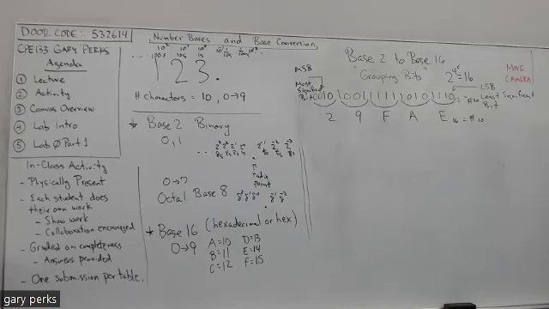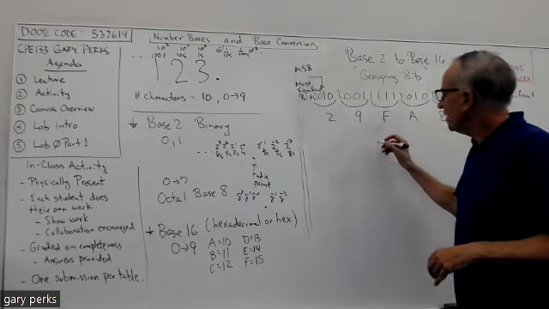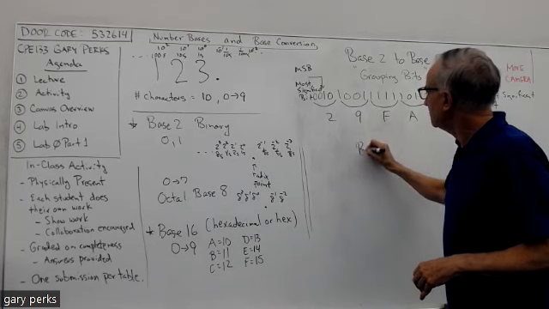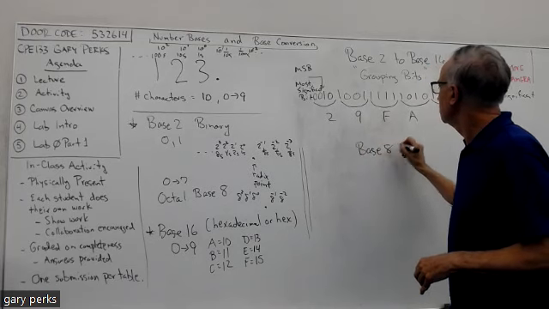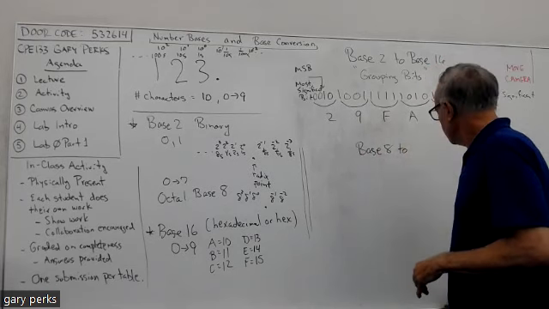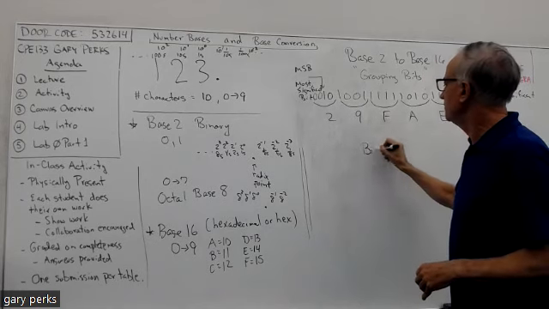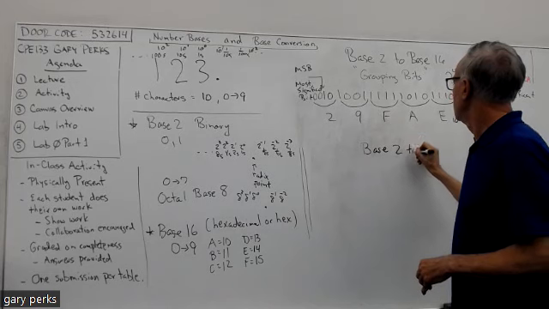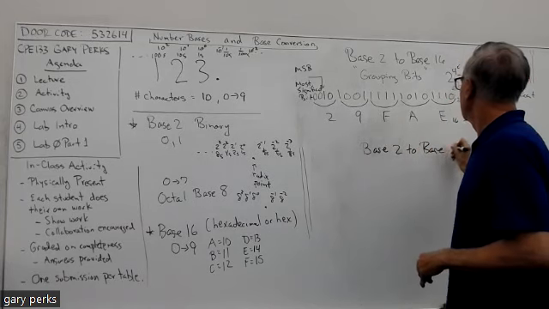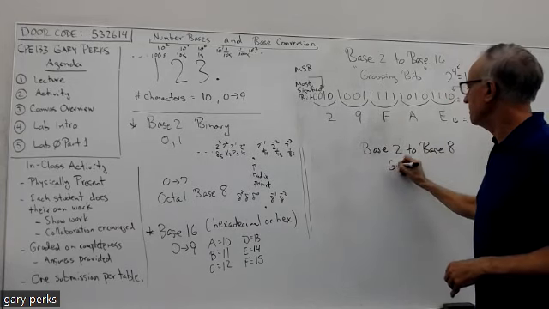All right, do you have any questions up there? Oh, let me ask you one other question. What if we wanted to go from base 2 to base 8, which is octal, by grouping bits?